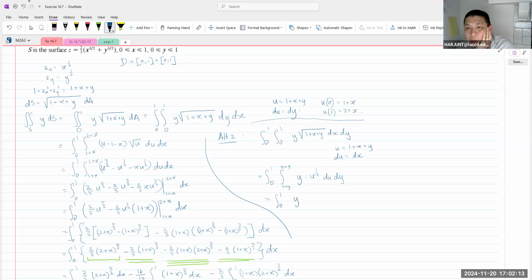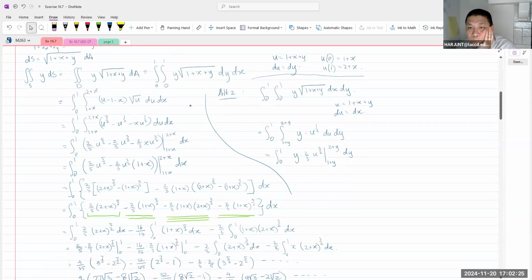That's y times 2/3 u to the power of 3 halves from 1 plus y to 2 plus y, dy. Not any easier, but I take the 2/3 out: integral from 0 to 1 of y times the bracket 2 plus y to the power of 3 halves minus 1 plus y to the power of 3 halves, dy.